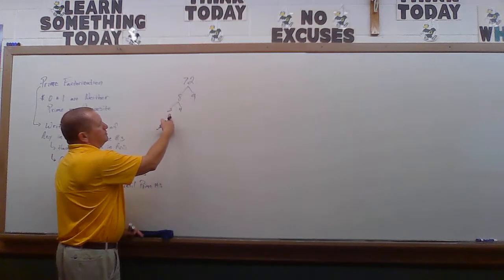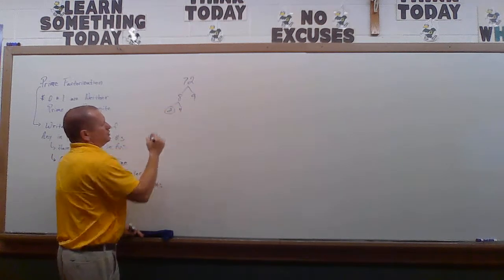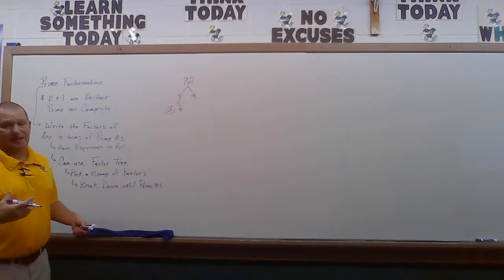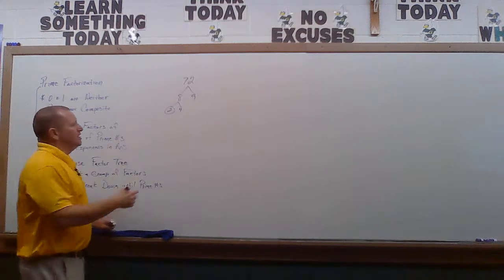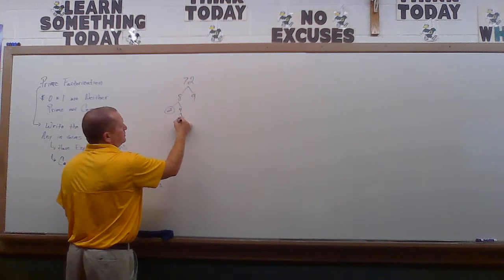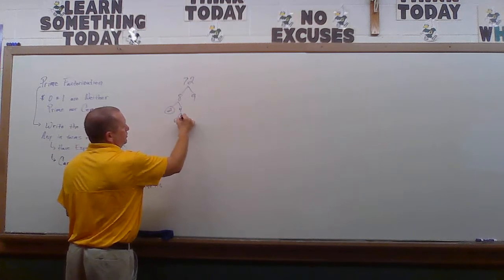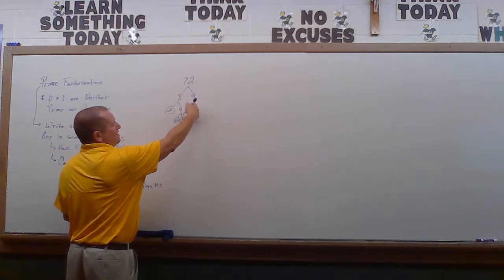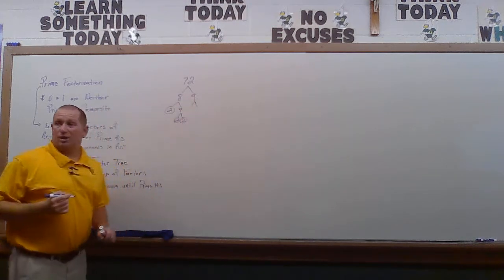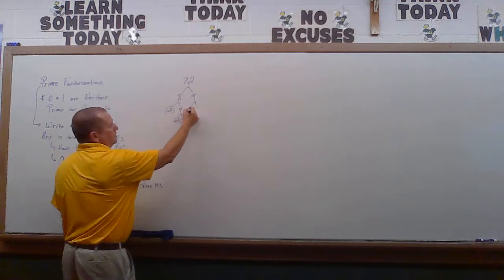Alright, so how about 2? Is that prime? Yes. When I get to a prime number, I like to circle it. You don't have to do this, but just so I know that I've already got to it and I'm not going to lose it at the end. Can I break 4 down? Yes. 2 times 2. And again, I'm going to circle those. And then I come back over to my 9, and is that prime? No, and I can break it down to 3 times 3.